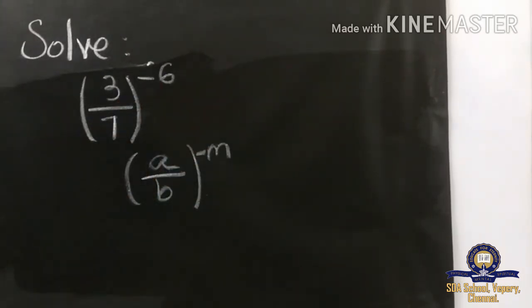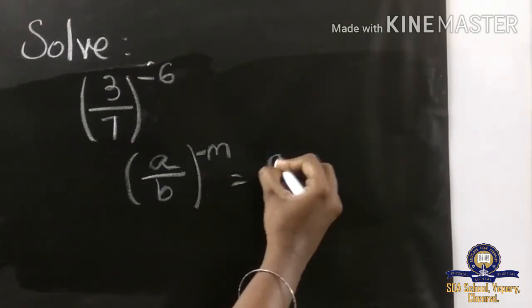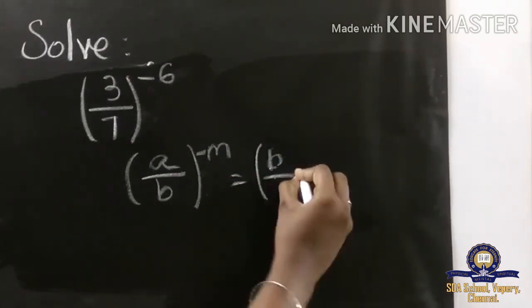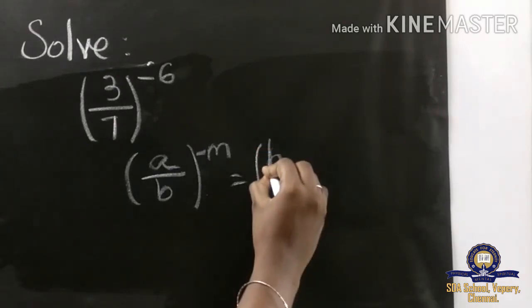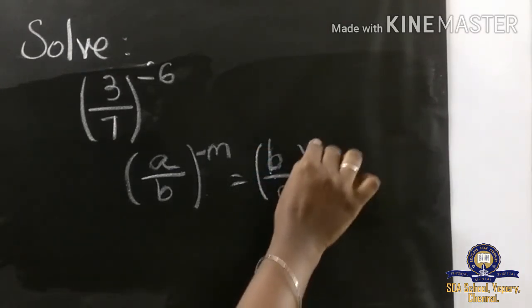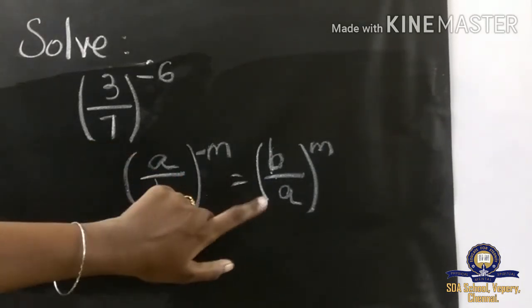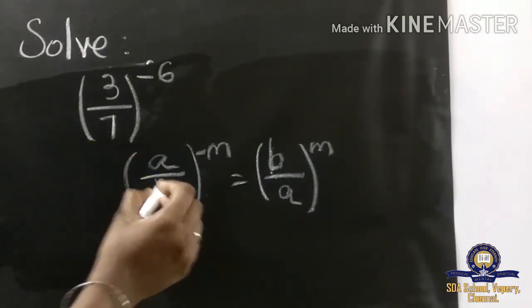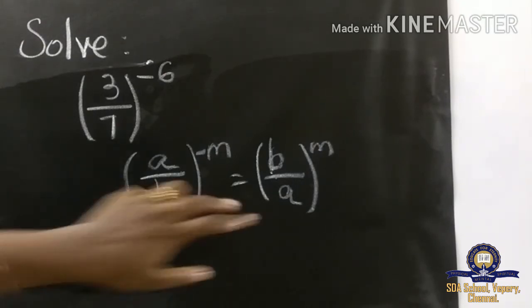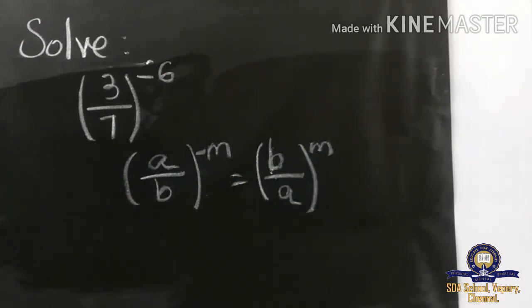It is in the negative form, right? So a by b the whole power minus m is equal to b by a the whole power m. If we interchange a and b, your value will be positive, your power will be positive.